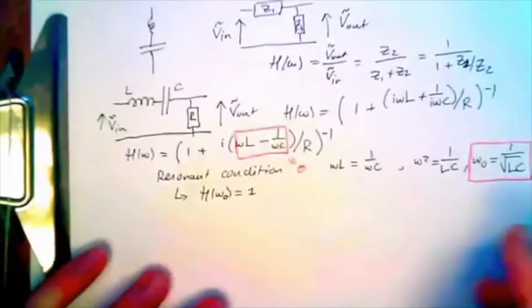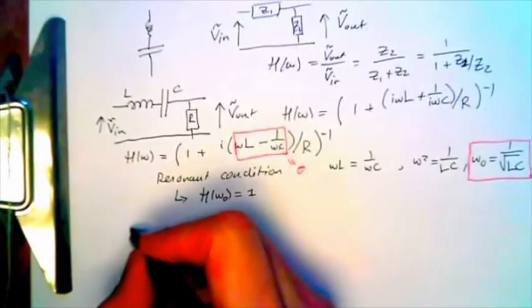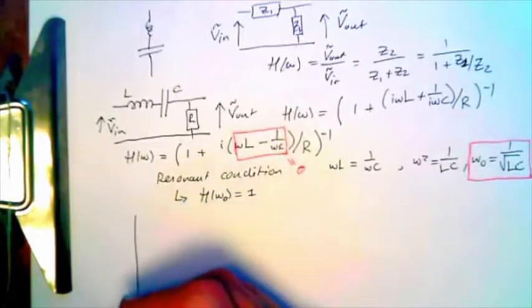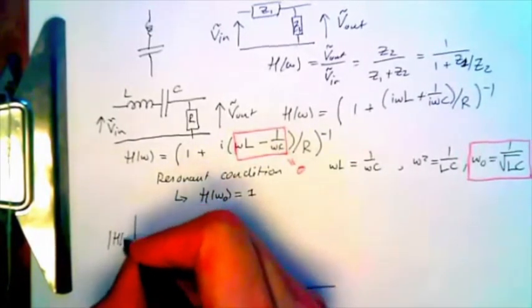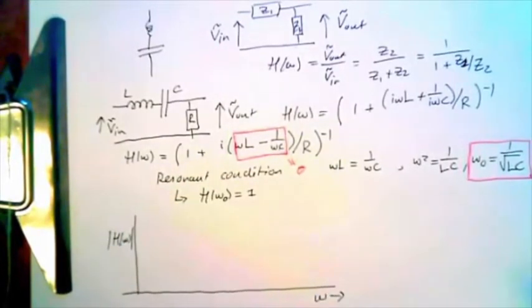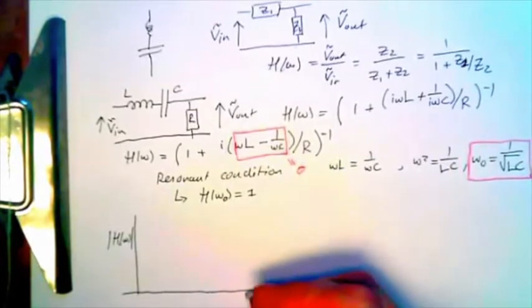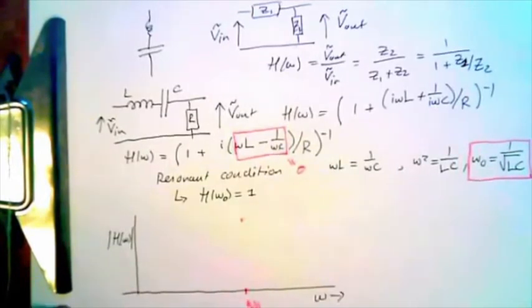So schematically, we can draw this as follows. So we'll have the transfer function, and let me just draw the absolute value. And right here at omega naught, we're at the resonance.